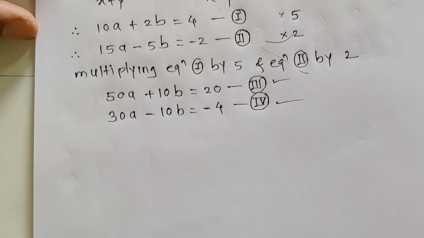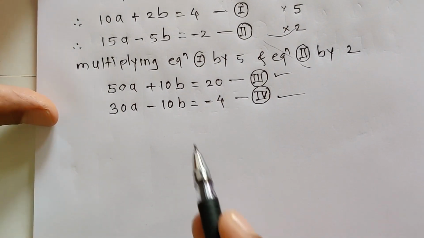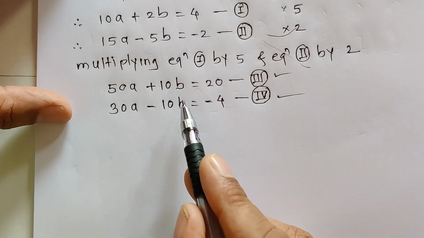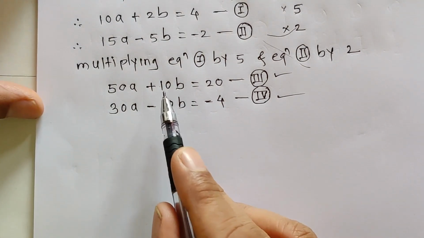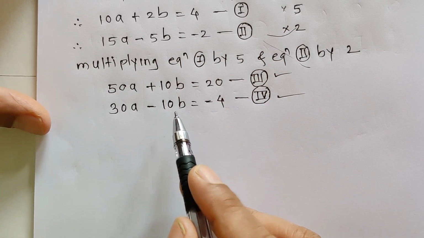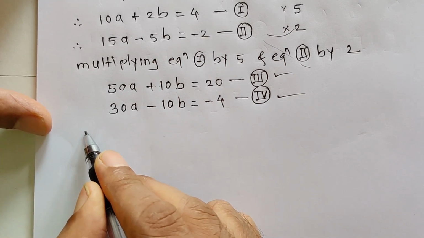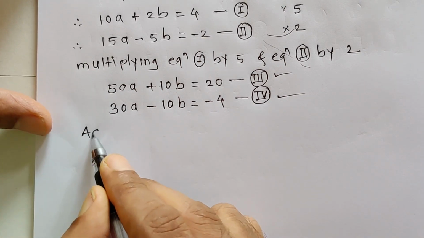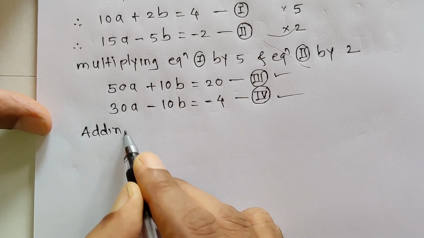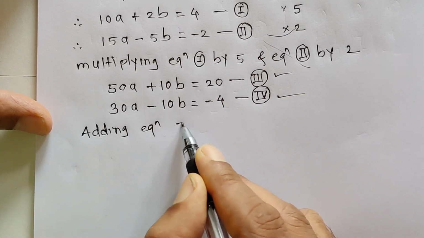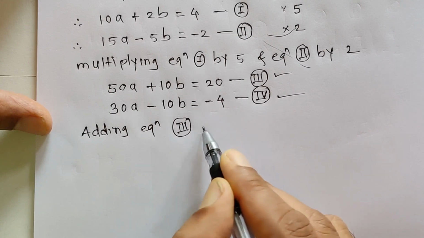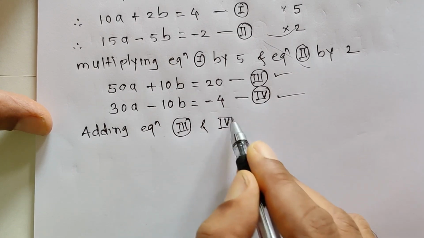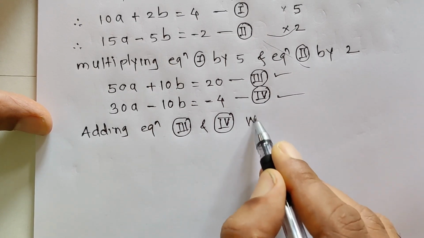If we observe equation 3 and 4, the coefficients of b are equal and the signs are different. So we have to add equation 3 and 4. So adding equation 3 and 4, we get.